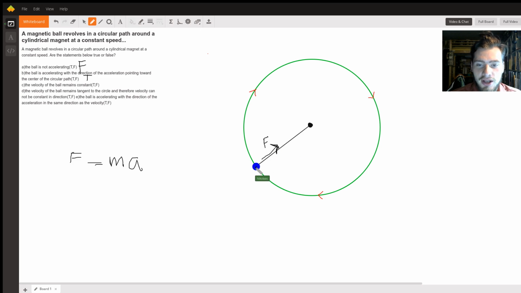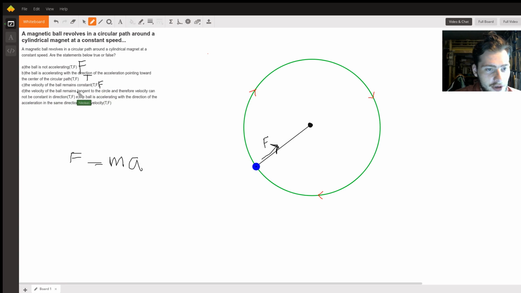Although the ball may be traveling at a constant speed, it's constantly changing direction. Therefore the velocity vector is always changing direction. Even though the magnitude's not changing, the direction is, so the velocity is changing. That's where centripetal acceleration comes from, the constant changing of the vector. So C is false.